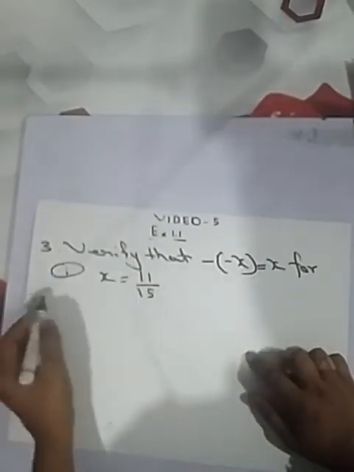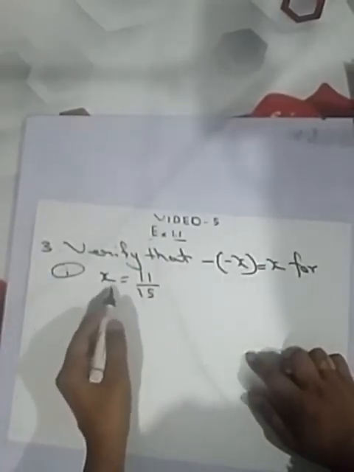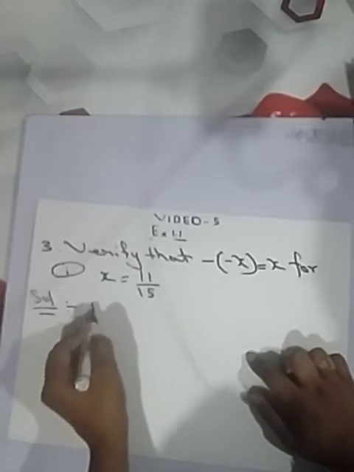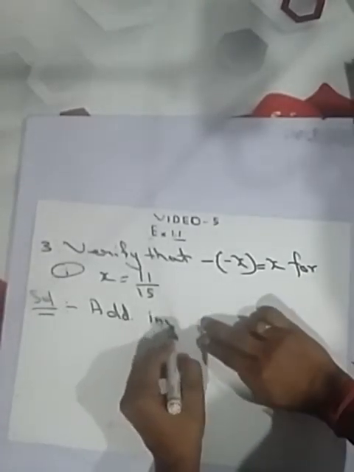It is given to verify this, minus of minus x is equal to x, where the first part is x equals 11 by 15. Now we know that the additive inverse of x, which is 11 by 15, is minus x, that will be minus 11 by 15.